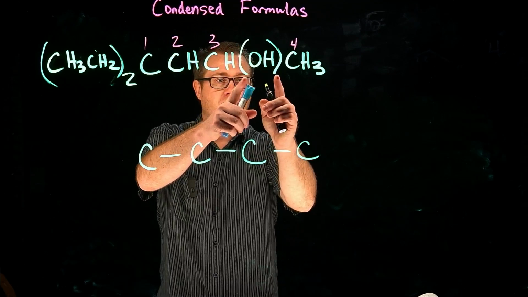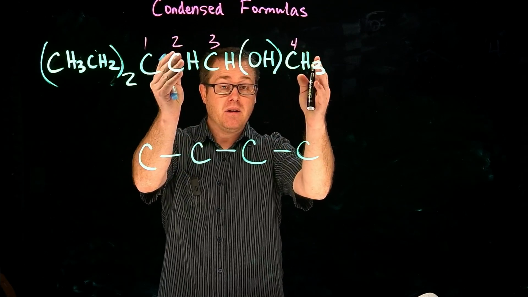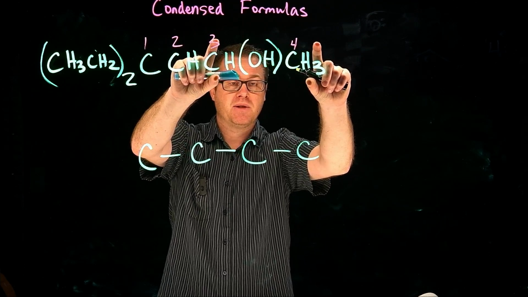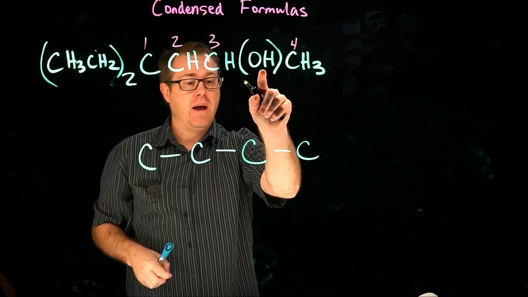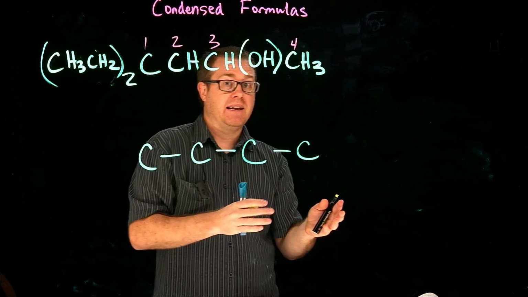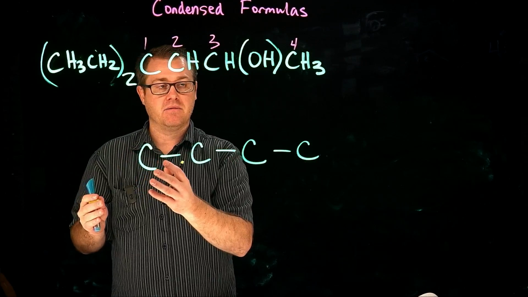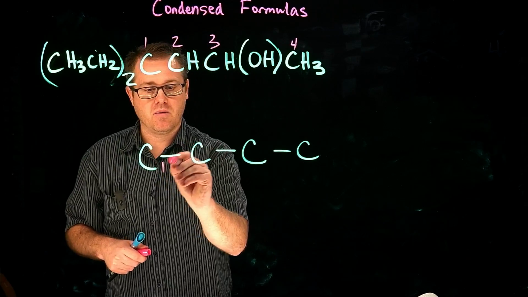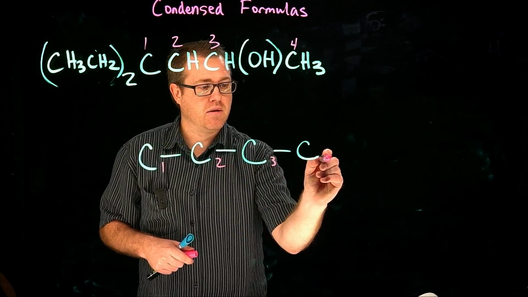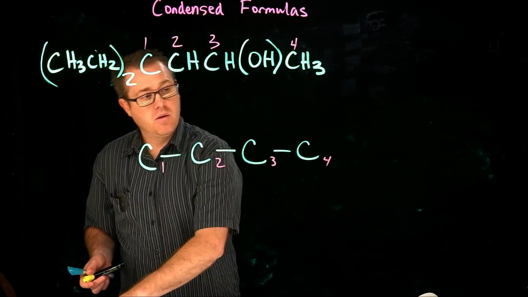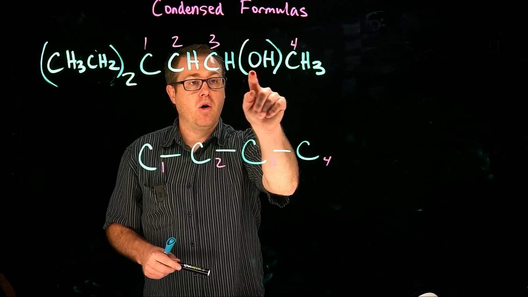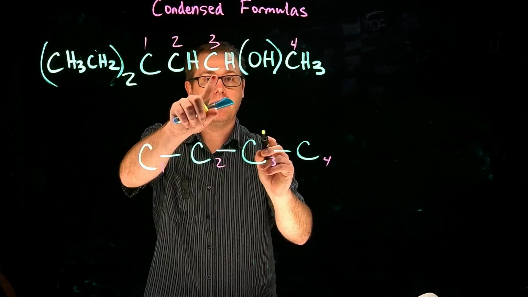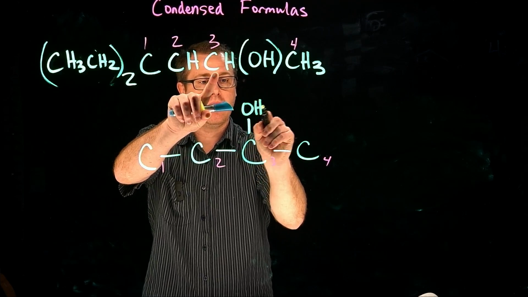Now remember, when you have parentheses in the middle of a molecule, sandwiched between two groups of atoms, that applies to the group preceding it, right? So if we number these carbons here, 1, 2, 4, we see that the OH is going to be attached to carbon 3, like that.